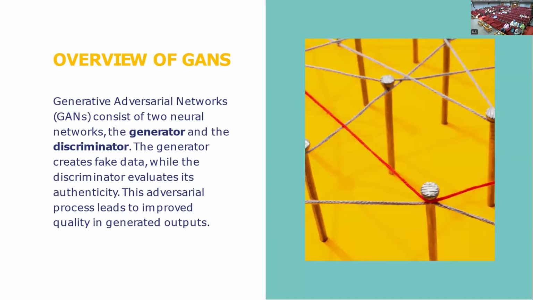Here the GAN, a generative adversarial network, consists of two neural networks. One is the generator part. The generator tries to generate the data and fool the discriminator, and the discriminator evaluates the authenticity.